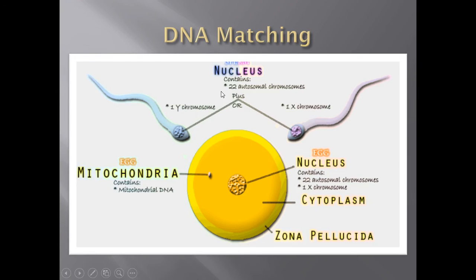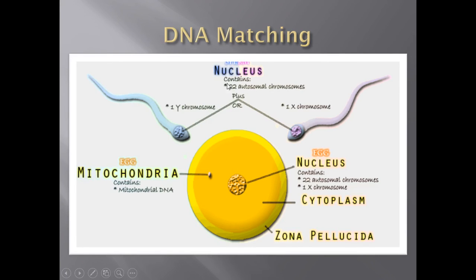This is how DNA matching is done. There is a lot of biology here, but still, let me just say a few words. This is how the DNA looks. This is a mitochondria, this is the nucleus, this is the cytoplasm, this is the zona pellucida.